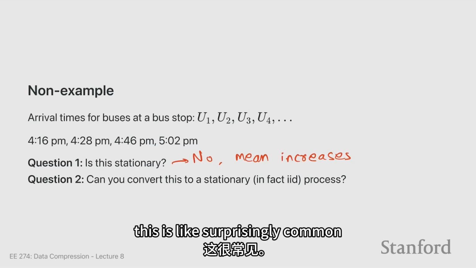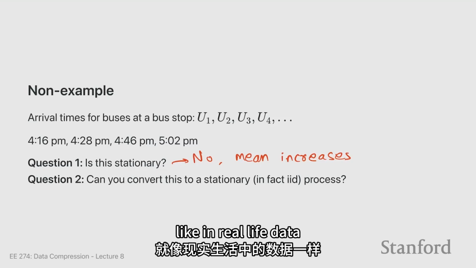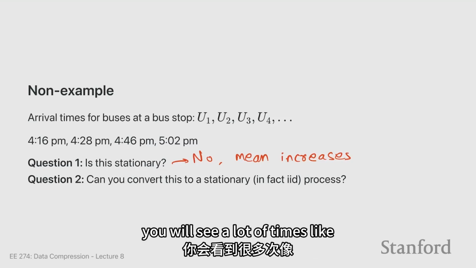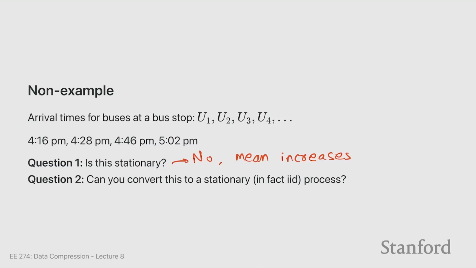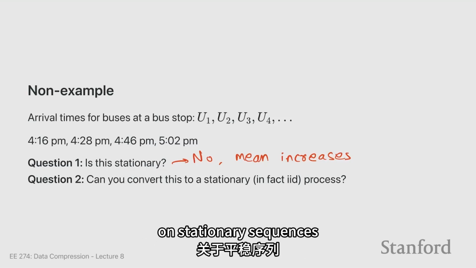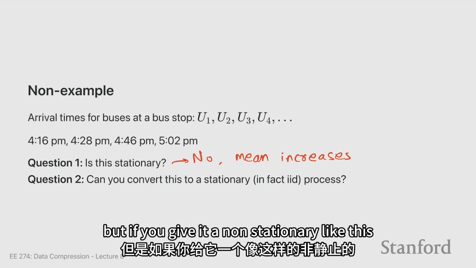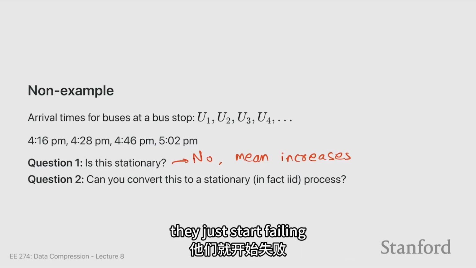This is surprisingly common. In real life data, you will see a lot of times, like we will see a lot of compressors this lecture, next lecture, and so on. All of them will work wonderfully on stationary sequences. But if you give them a non-stationary one like this, they just start failing.